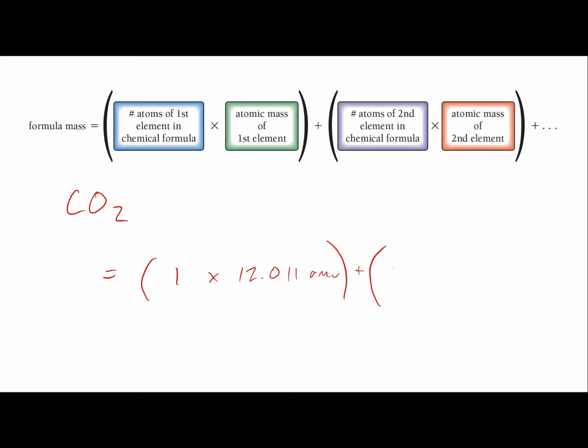Number of the second element, there's 2. The mass of oxygen, 15.999 AMU, from the periodic table. If we add this up, it comes out to be about 44.01 AMU. I don't have my calculator in front of me, but I do know this one. I've done it too many times. You could do the same thing with water.